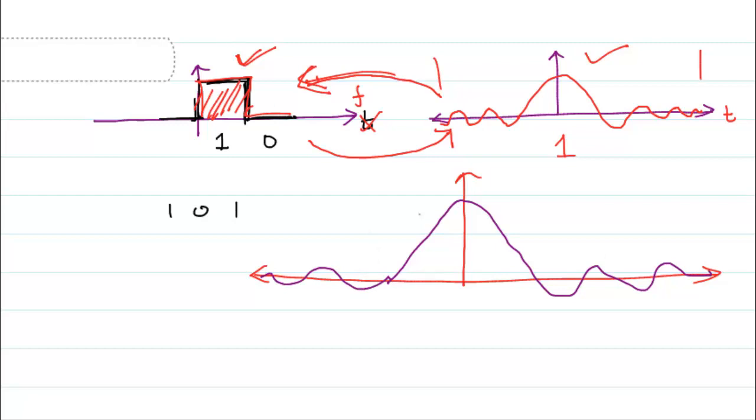Let me draw it with a different color. This is going to be another sinc pulse, but this is going to be your 0. So this will be bit 1, this will be bit 0.